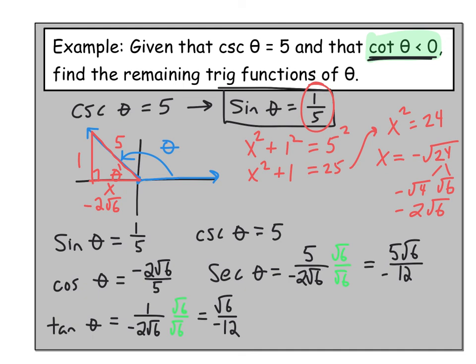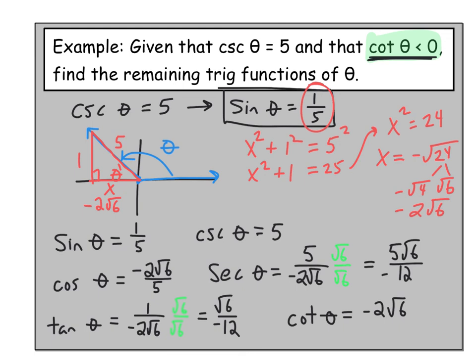You may see the negative sign just in front of the whole fraction instead of the denominator. It's all equivalent. And then cotangent will be the adjacent over the opposite, so negative 2 root 6 over 1, which is just negative 2 root 6.